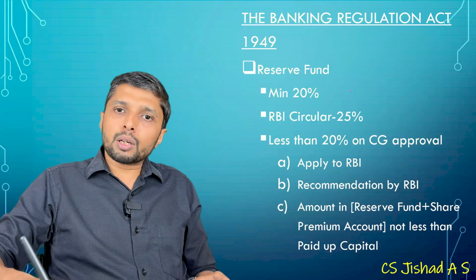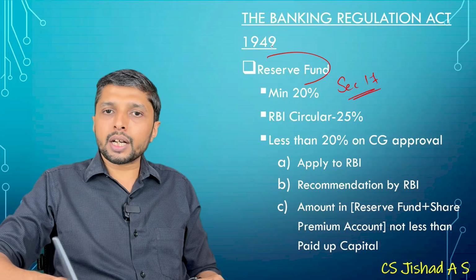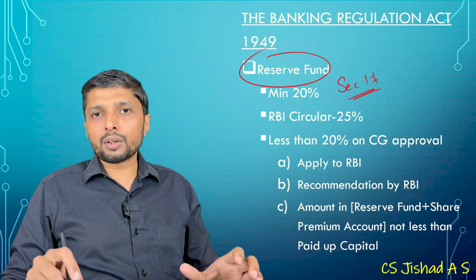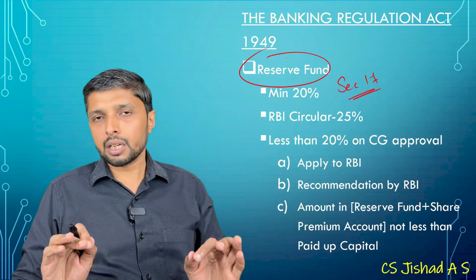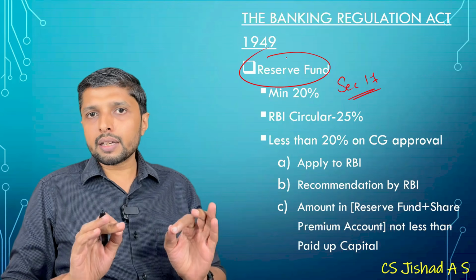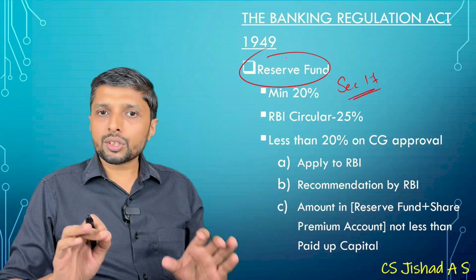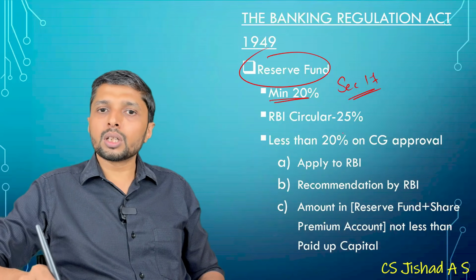We'll move to section 17 of the Banking Regulation Act, which specifies the reserve fund. Maintaining a reserve fund is mandatory for every banking company, whether it be an Indian company or a foreign bank. It will have to transfer 20% to the reserve fund.